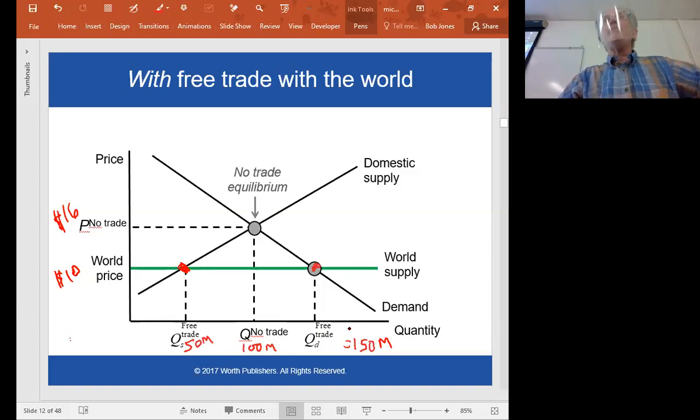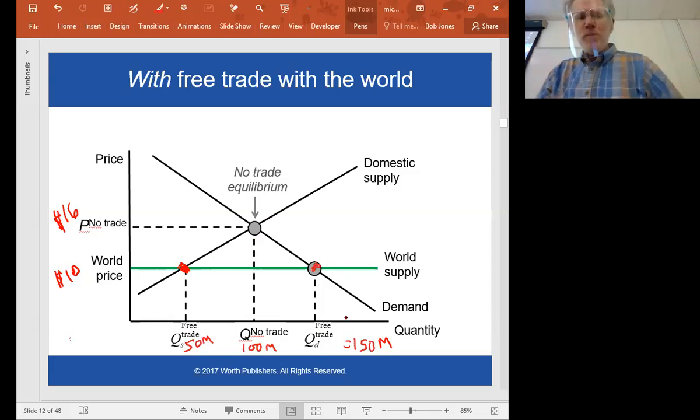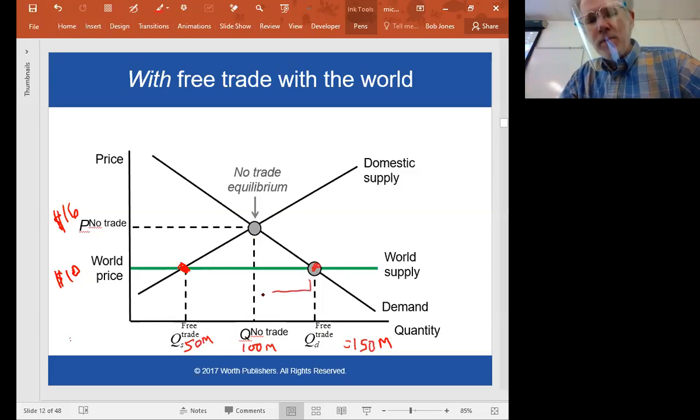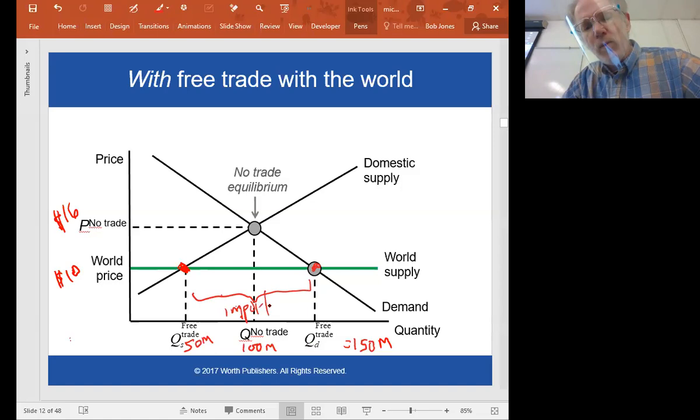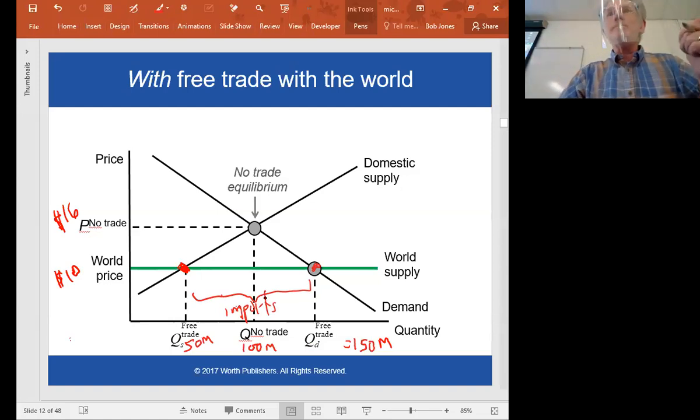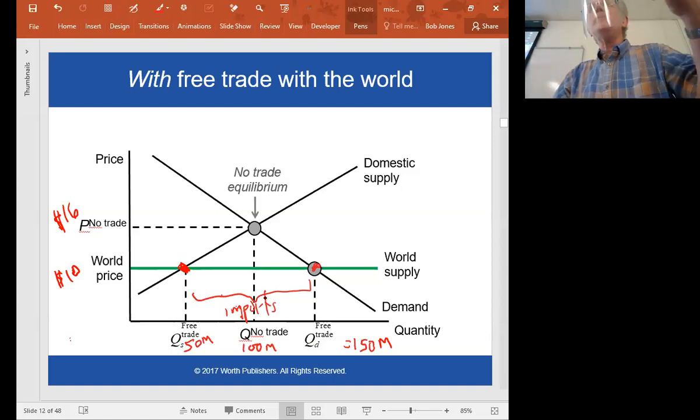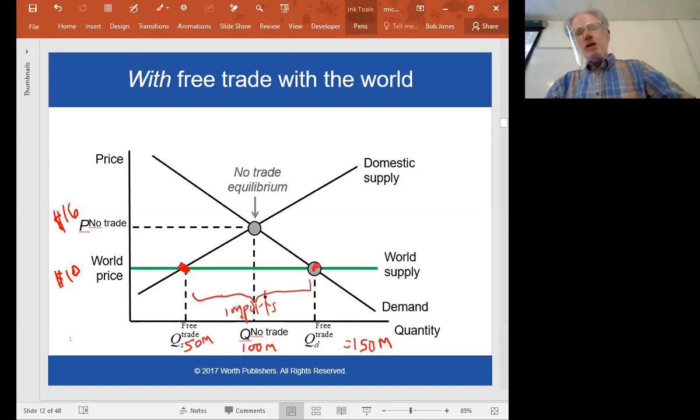It must be coming from foreign producers. So this gap between the amount that American consumers want to buy and the amount that American producers are willing to sell represents the amount that we will be importing. We're consuming a larger quantity than we are producing, so we are going to be importing from other countries.